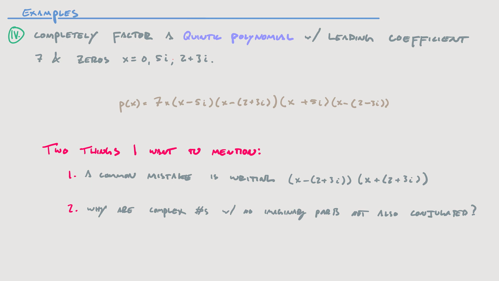The second thing I want to mention is, you might point to, and this is not a good example because 0 doesn't have a positive and negative value. But let's say that instead of 0, maybe my zero was 6, right? So instead of this, I would have x minus 6 right there. Why is x plus 6 not also a factor?